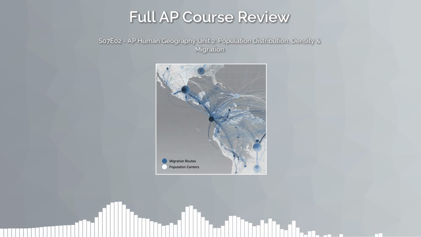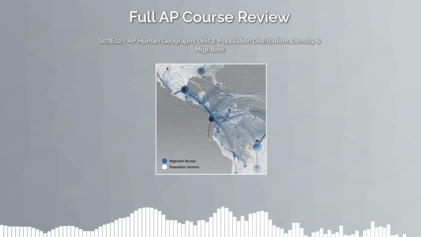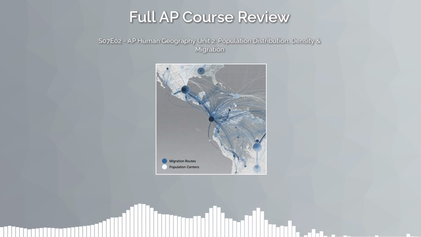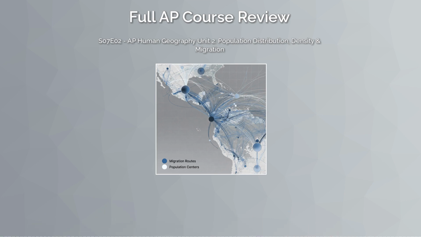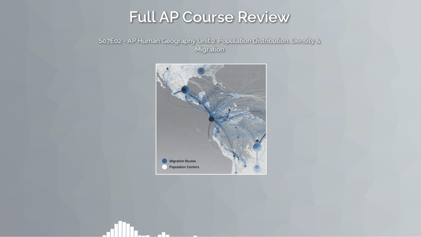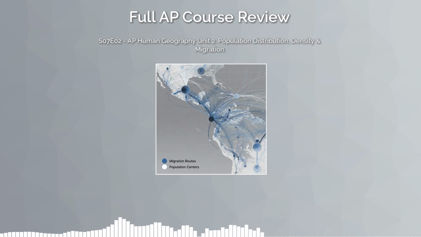The formula is simple: total population divided by total land area. If a country has 100 million people and 1 million square kilometers, its arithmetic density is 100 people per square kilometer. This is useful for quick comparisons, but it has a major limitation. It treats all land as equally usable, which is almost never true.